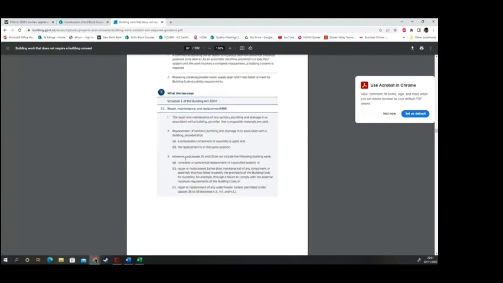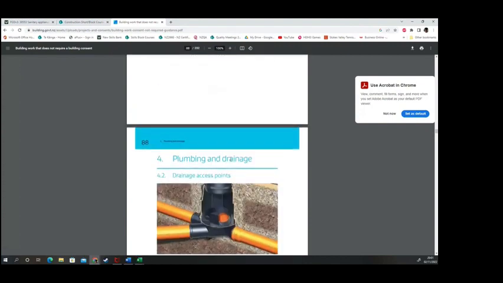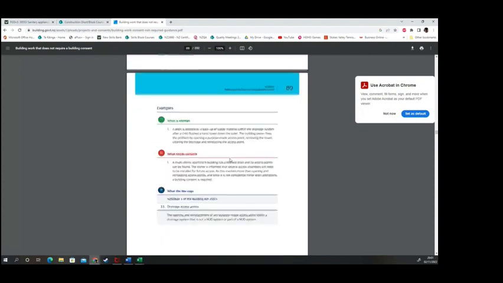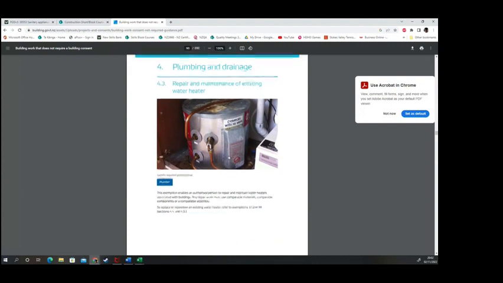Basically, there's a number of things: repair and maintenance, drain laying maintenance, basic repairs. You can replace a water heater with an existing one of the same type. You can go from low pressure to a gas instantaneous.